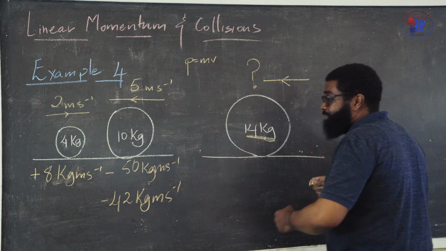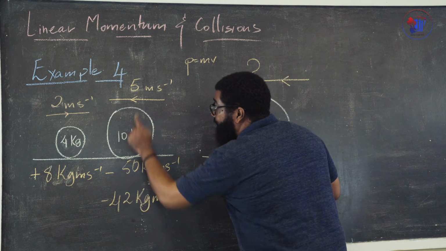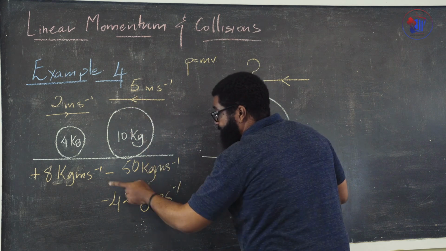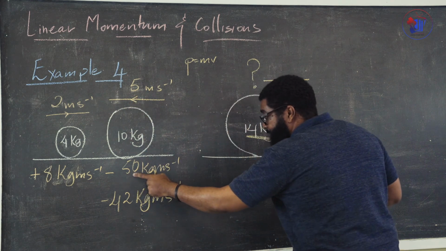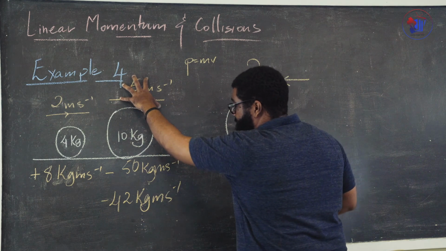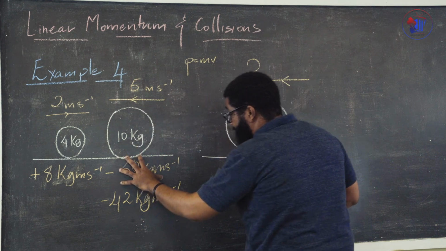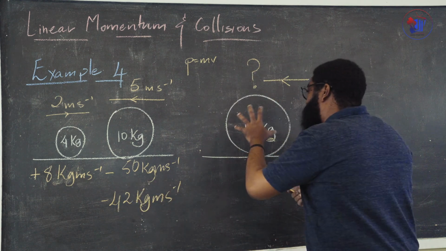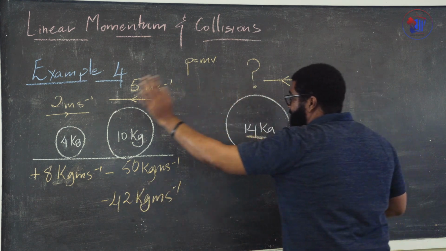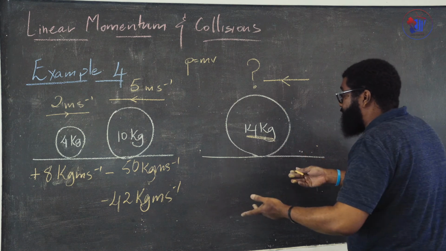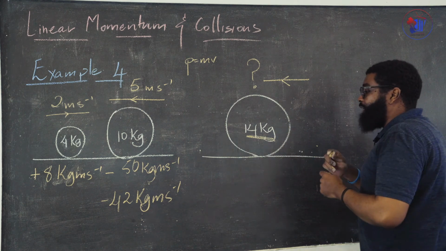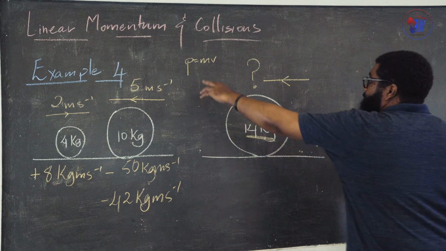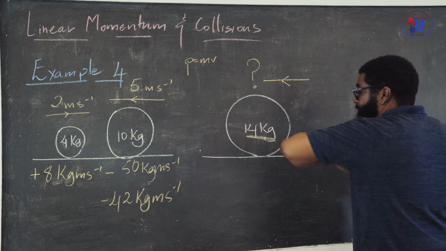Why is it going to the left? Because we took this value here as negative. That's why we have a negative momentum here. This direction is negative, this momentum is negative. The total momentum is negative, therefore this moves in the negative direction, which for the sake of this example is to the left. Anyways, again, applying the formula that momentum is mass times velocity.